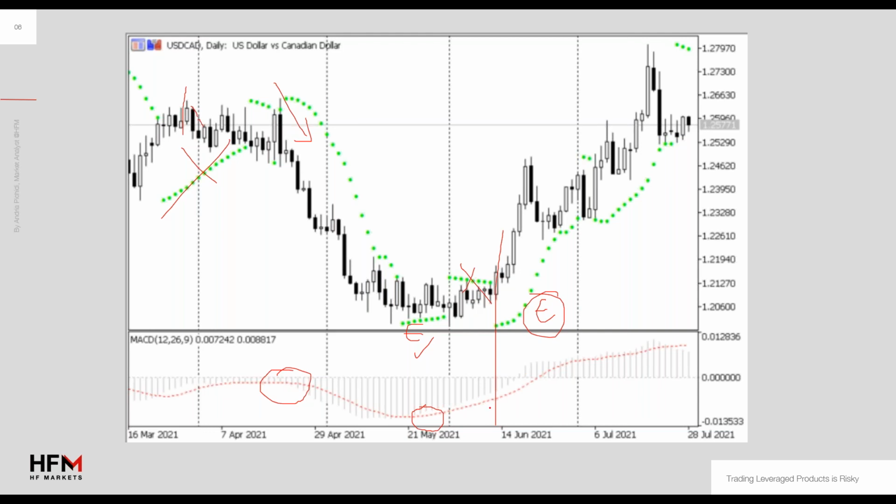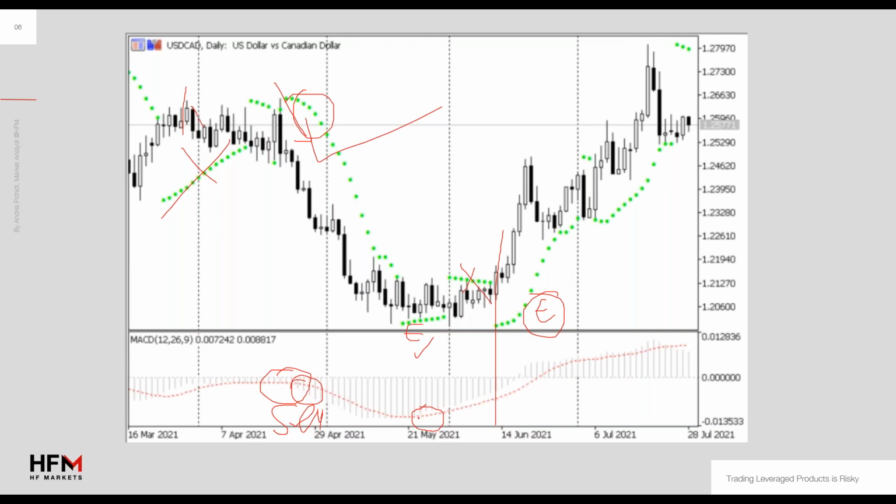Okay, this is what we mean by crossover. I mean, if the lines are crossing below the signal line and while the MACD is in negative territory, that's a selling signal. Does this selling signal over here agree with parabolic SAR? Yes, it agrees. So we are good to go.